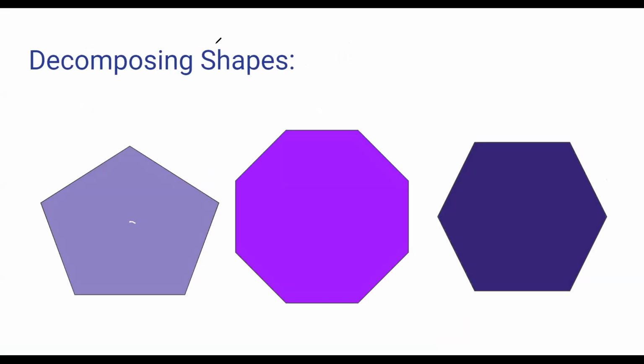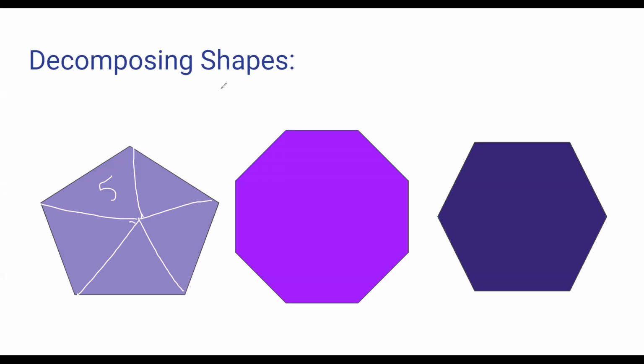The vertices are where two lines meet, so the corners of the shapes. This isn't going to be perfect because I'm drawing on a computer screen and not using a ruler. But a pentagon has 5 sides, and you will notice I drew, white doesn't show up, so I'll write it in there, that I have 5 triangles.